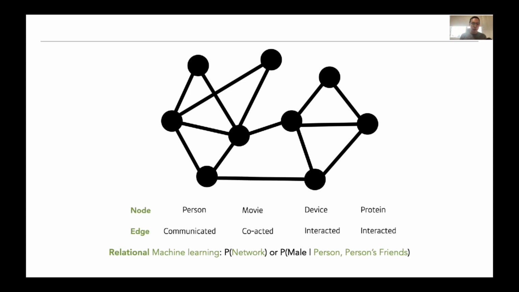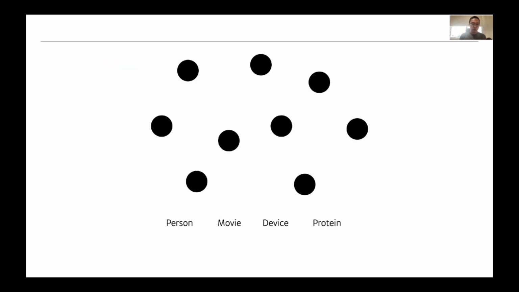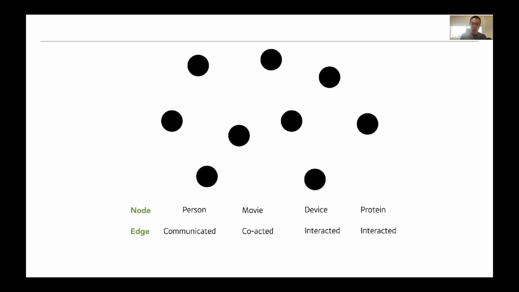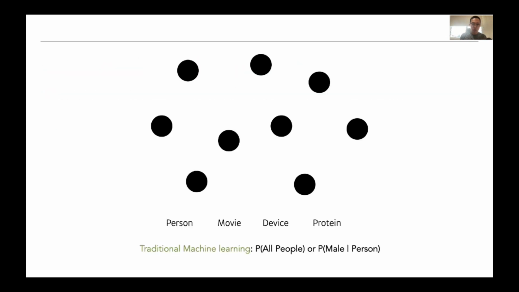This is the difference between traditional machine learning and relational machine learning. The representation of a graph enables this relational machine learning. So obviously we can get better accuracy compared to traditional machine learning.